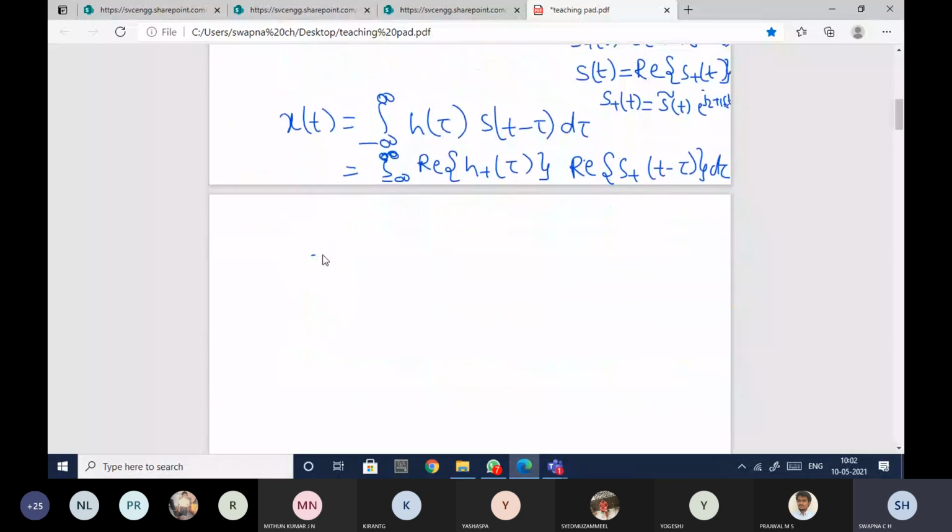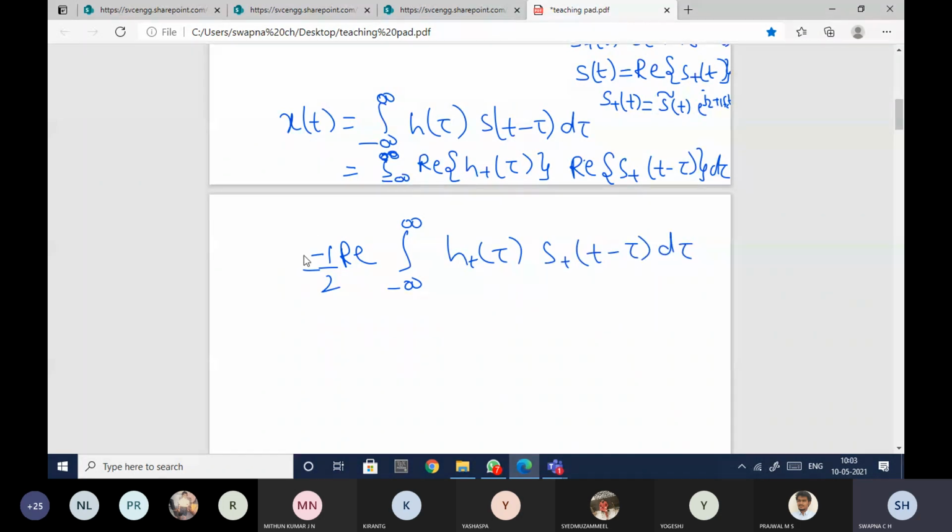So I can write this as real part of this and real part of this. If they are getting multiplied, I can take Re out, but the amplitude will be reduced by half. This will be equal to half of Re integral from minus infinity to plus infinity h plus of tau s plus of t minus tau d tau.